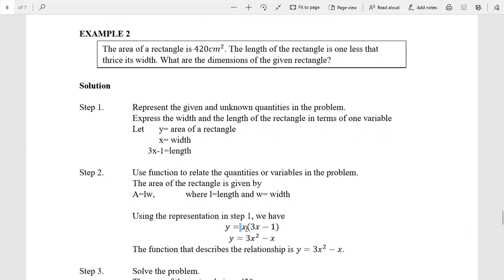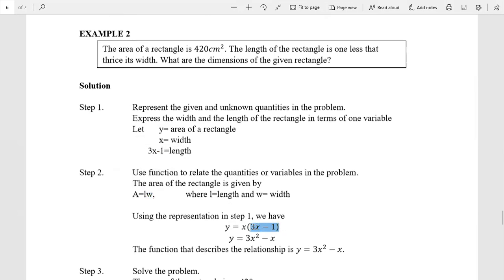The x is the width and the length is 3x minus 1.